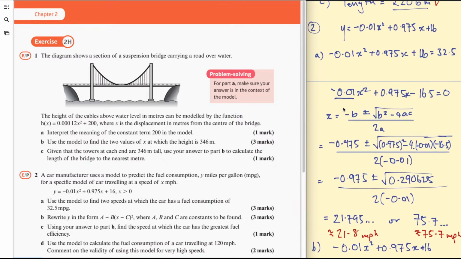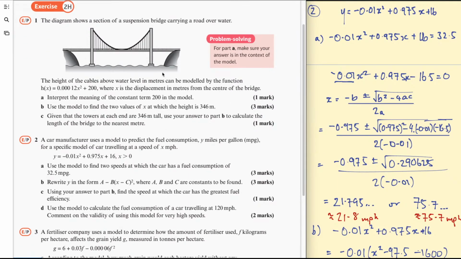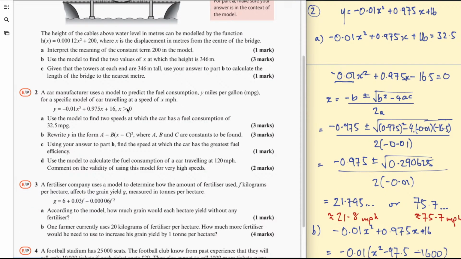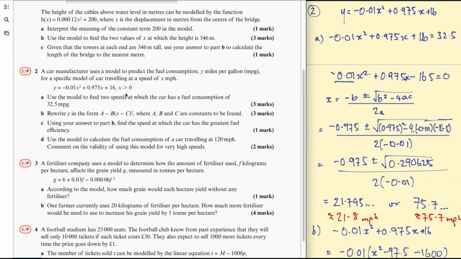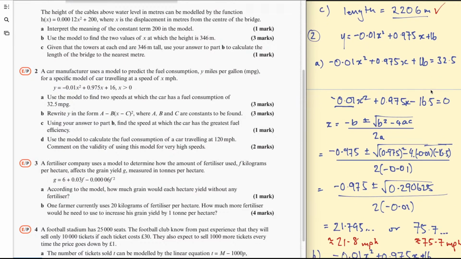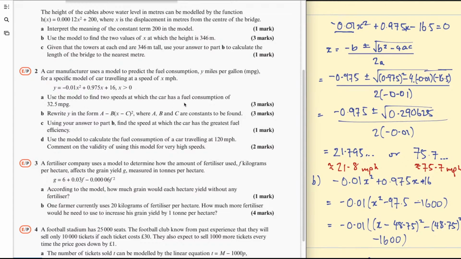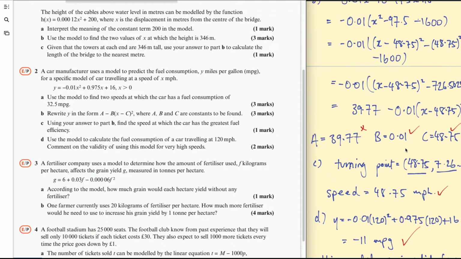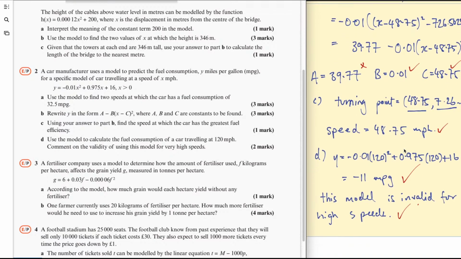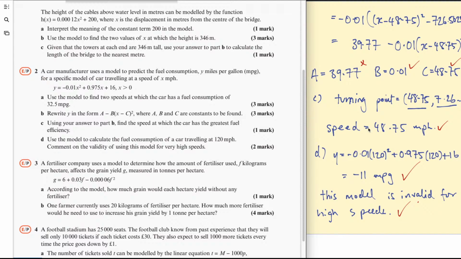And then question 2, we looked at a model for fuel consumption, which is actually very practical. This is likely how they would model something in the real world. We found speeds at which the fuel consumption was a certain amount, and the speed at which fuel consumption was the most efficient according to the model. So right there is the usefulness of these types of things.